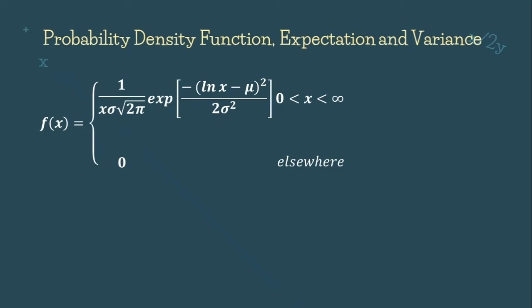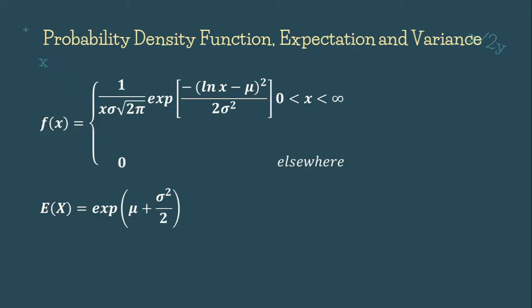So dun sa past slides, nalaman natin na ang x log normally distributed with parameters mu and sigma squared ay parameters ng variable y na normally distributed. So, paano nga ba natin makukuha ang expectation and variance ng variable x? So, expectation of x is equal to exponential of mu plus sigma squared over 2.